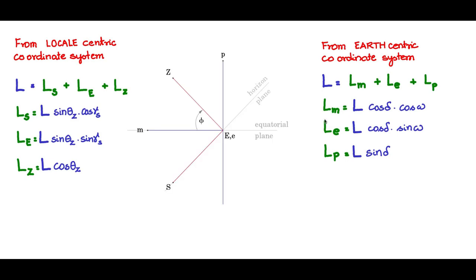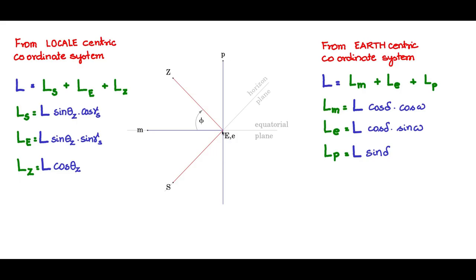And we have also seen that if we stand on the east axis, both the east of the meridian and also east on the horizon plane, from both coordinate systems.